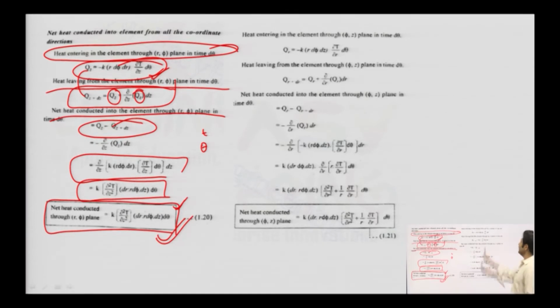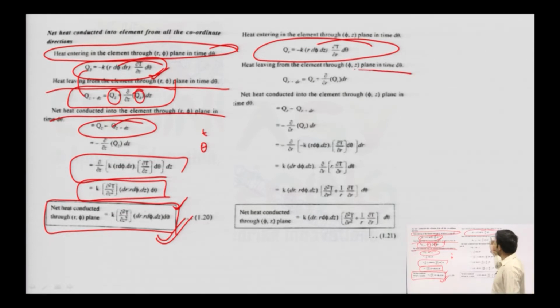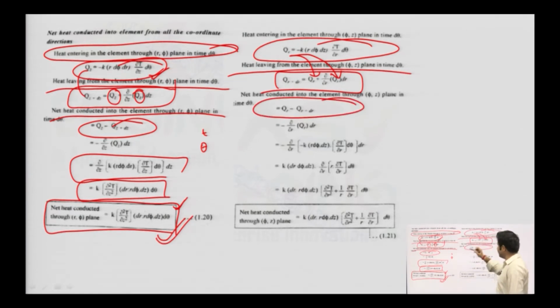Now heat entering the element through the phi z plane in time d theta will be qr. Heat leaving the element will be qr plus dr. Just apply qr here and qr here, and with a little arrangement you can get it. But before that, you need to calculate the net heat conducted. This is the net heat conducted as always, qr minus qr plus dr. After a bit of rearrangement, you will get this.